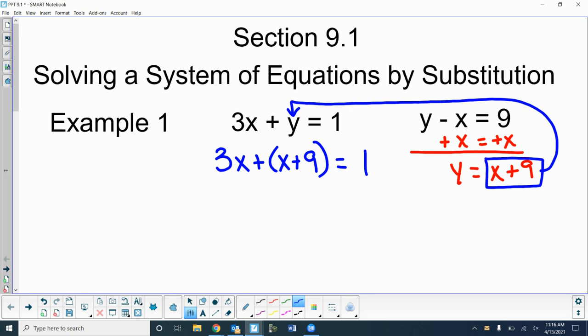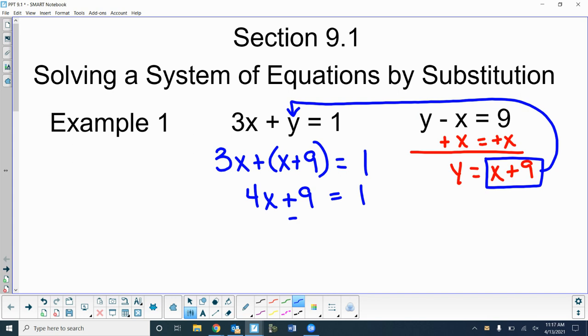Now we just solve for x in that blue equation. Right, so I don't have to distribute the 1 because 1 isn't going to change it, right? So just combine like terms. 3x plus x would be 4x. And then solve for x.